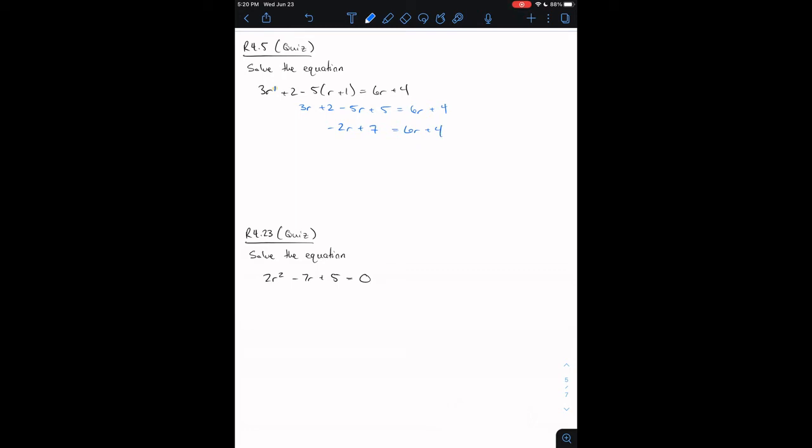And then what I can do now is use the addition property of equality. Let's add 2r to both sides, as well as negative 4. Let's do it in a different color. So we'll do plus 2r minus 4 on both sides.